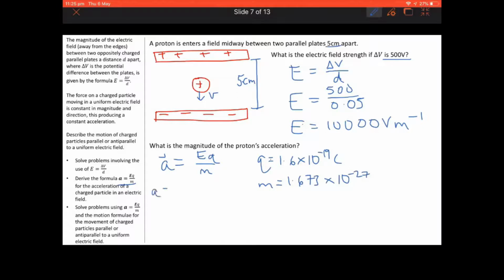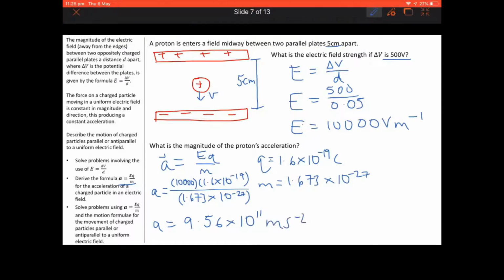So acceleration is going to be equal to 10,000 by 1.6 by 10 to the negative 19 divided by 1.673 times 10 to the negative 27. Pop it all into your calculator and you'll get an answer of 9.56 by 10 to the 11 meters per second squared. So that's the acceleration of the proton.